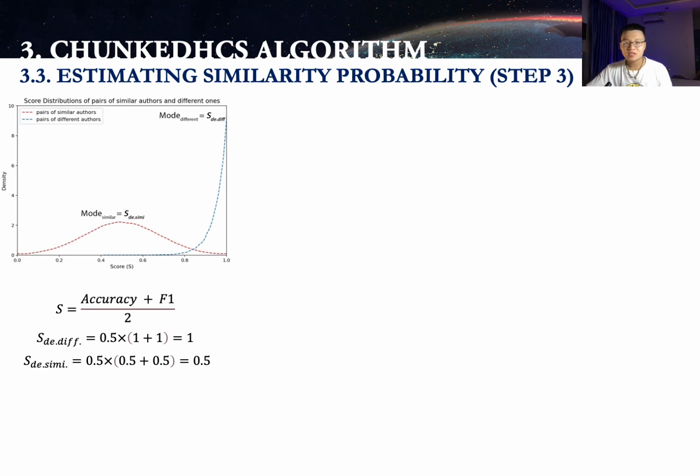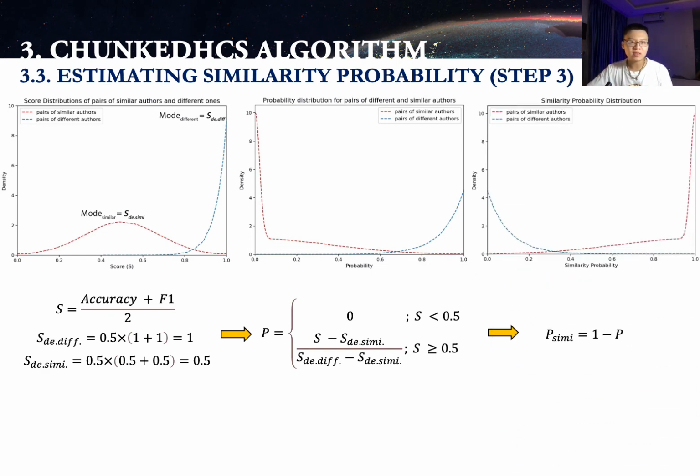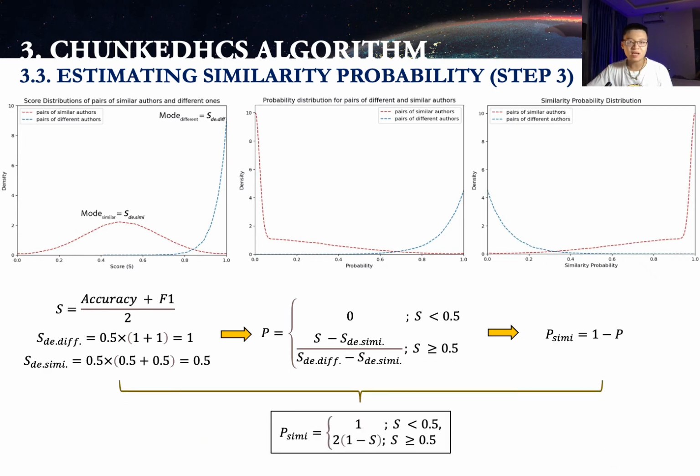And then we turn it into a probability like this. With a little bit of transformation and conversion here, we can calculate the similarity probability derived from the S score.